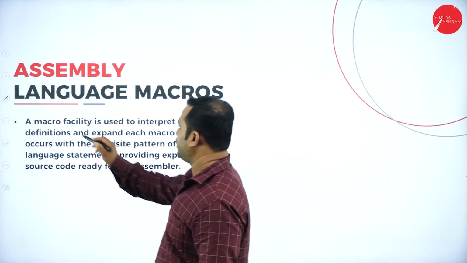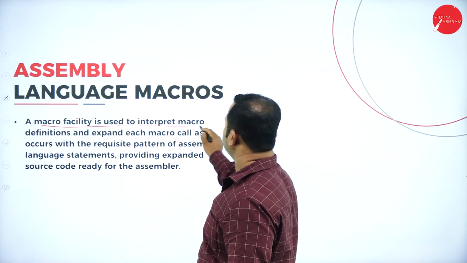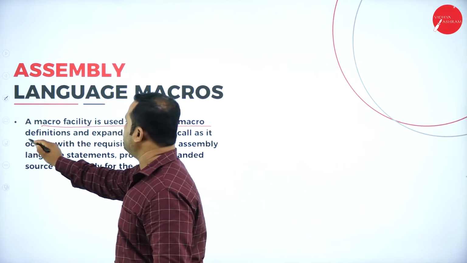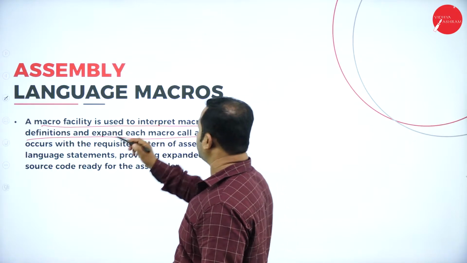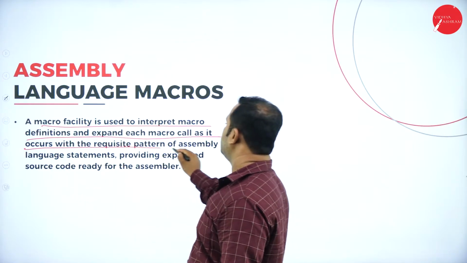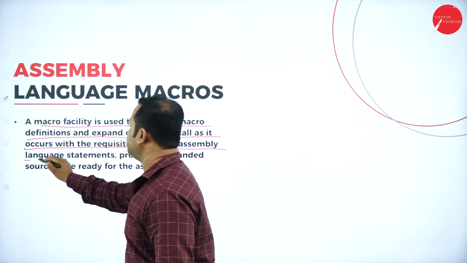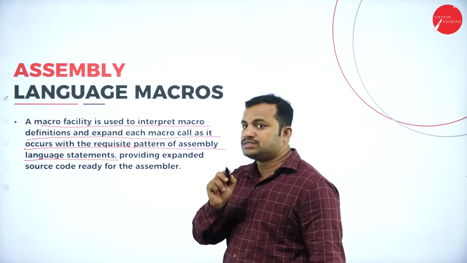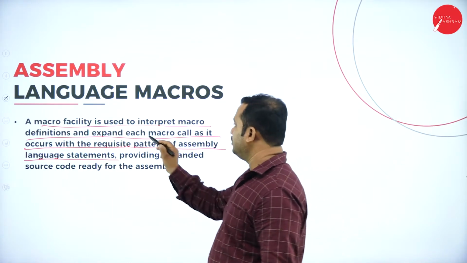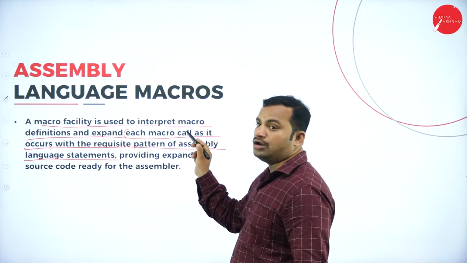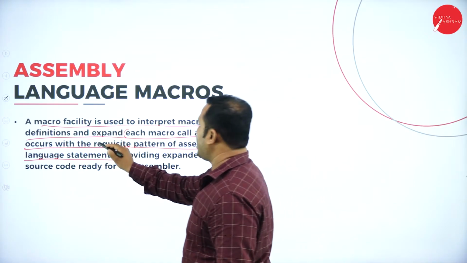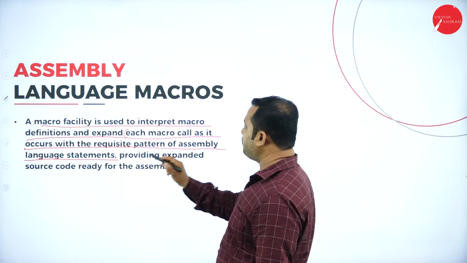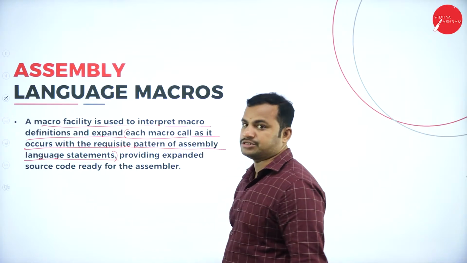Next, similarly, a macro facility is used to interpret macro definitions and expand each macro call as it occurs with the requisite pattern of assembly language statements. Please remember carefully, each macro call occurs according to the requisite pattern of assembly language statements.